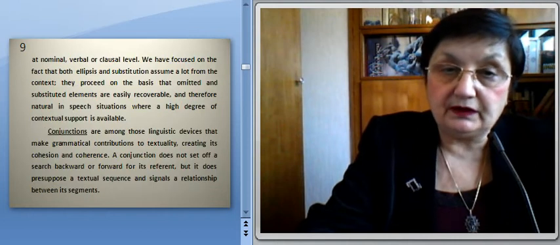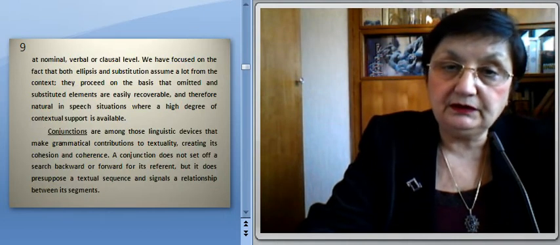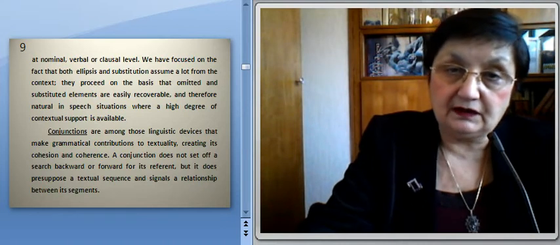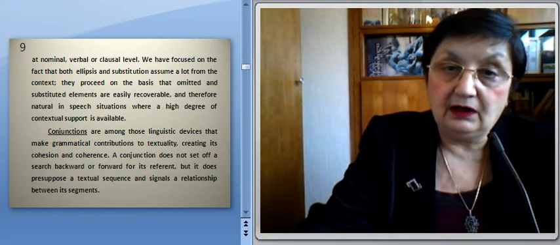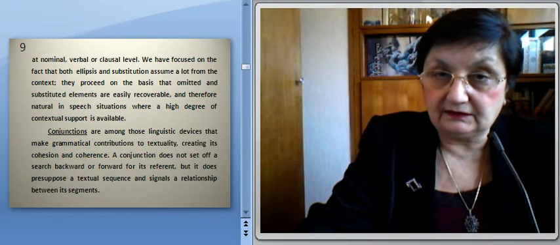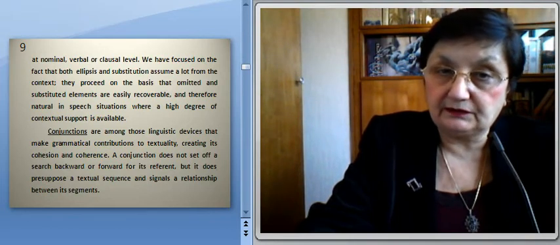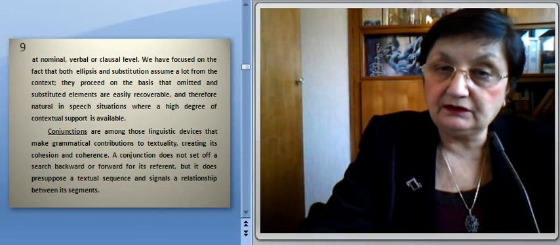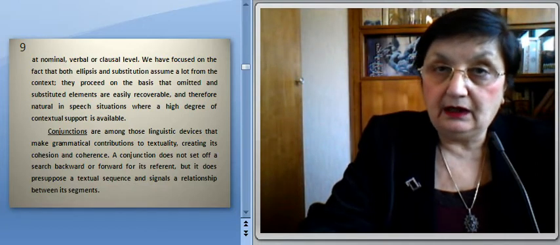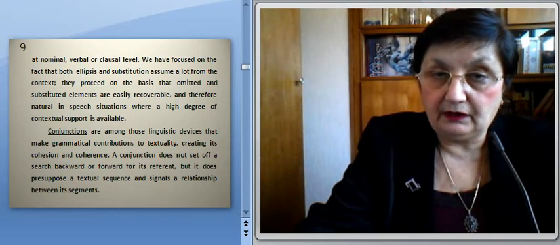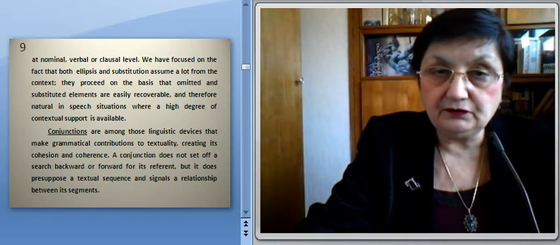We have focused on the fact that both ellipsis and substitution assume a lot from the context. They proceed on the basis that omitted and substituted elements are easily recoverable and therefore natural in speech situations where a high degree of contextual support is available.